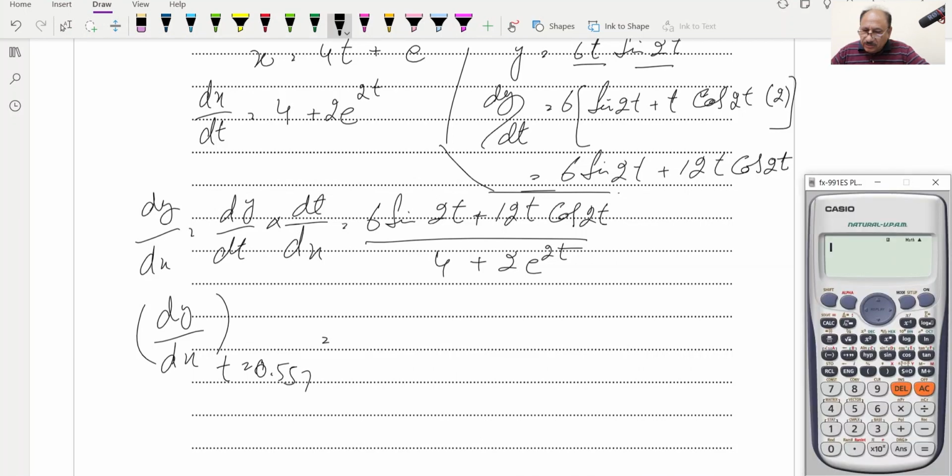We will just write over here on the calculator, 6 sine of 2t.